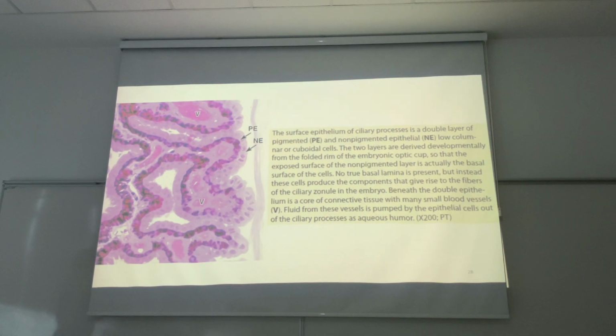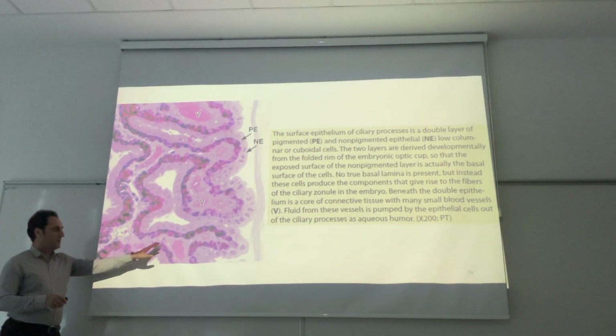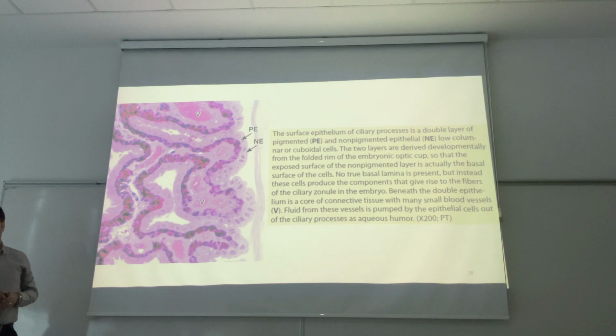Okay, look here. This is our ciliary process. This part is our posterior chamber area, and this area is the connective tissue area. Here you can see two layers of epithelial cells. These two layers have two different structures.